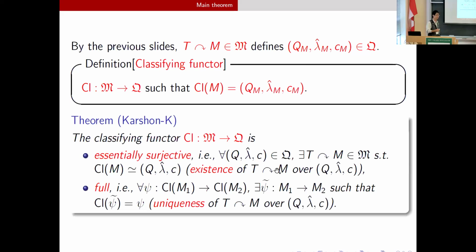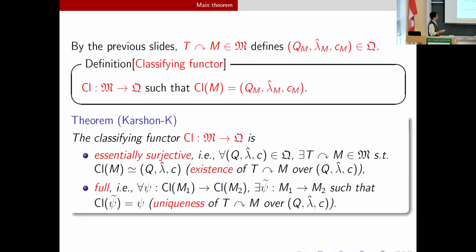Okay. If I take M to be a projective smooth toric variety, and the invariants are Q, lambda bar, C, right? Are those invariants determined by the equivariant cohomology of the toric variety?